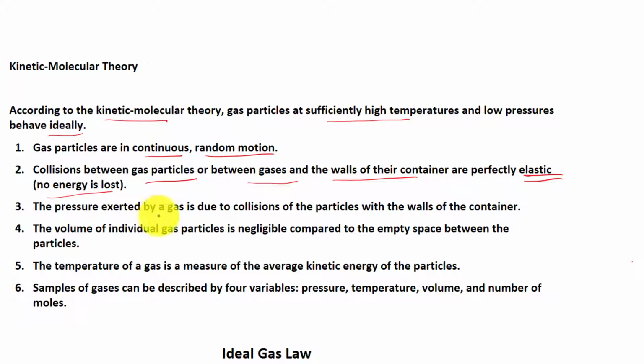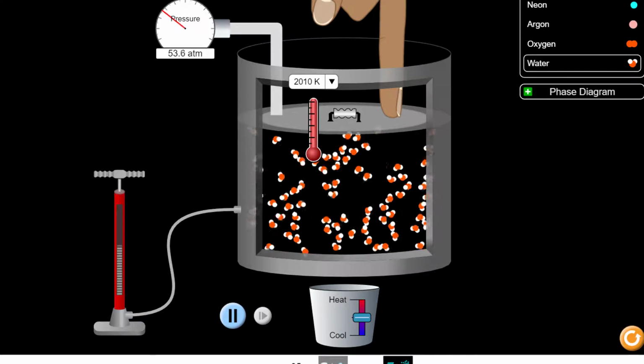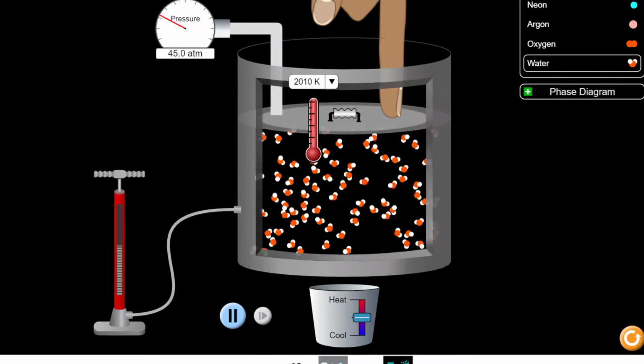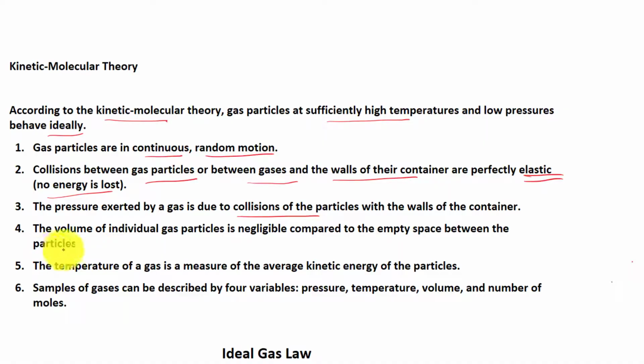Then the pressure exerted by a gas is due to the collision of the particles with the wall of the container. And notice how the gas molecules are colliding against the wall, and that causes the pressure. The volume of individual gas particles is negligible, which means unimportant. The temperature of a gas is a measure of the average kinetic energy of the particles.